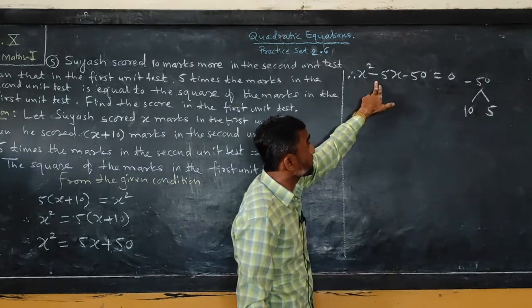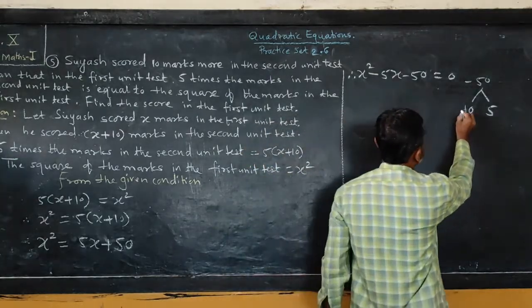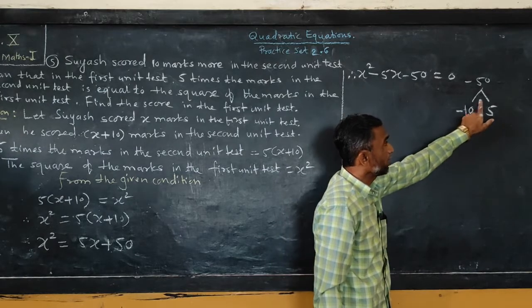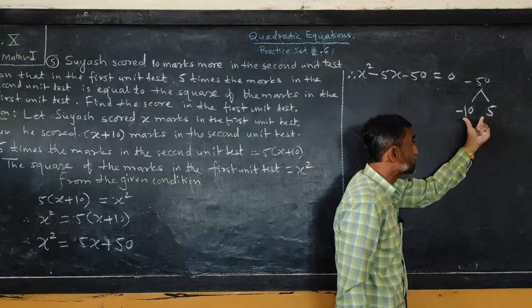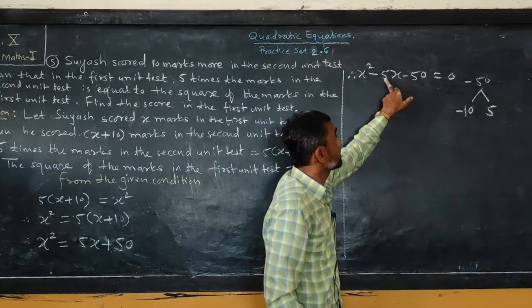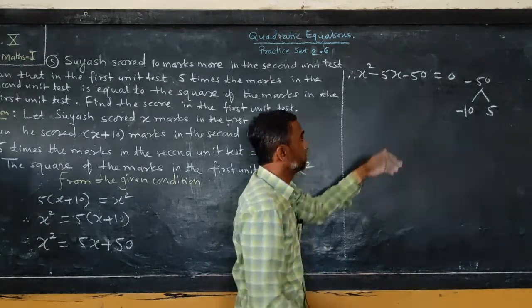We want minus 5 as the coefficient of the middle term, so give the minus sign to the greater number. That means minus 10 into 5 gives minus 50, and if you add these two, minus 10 plus 5 is minus 5, which is the coefficient of the middle term, that is the linear coefficient.